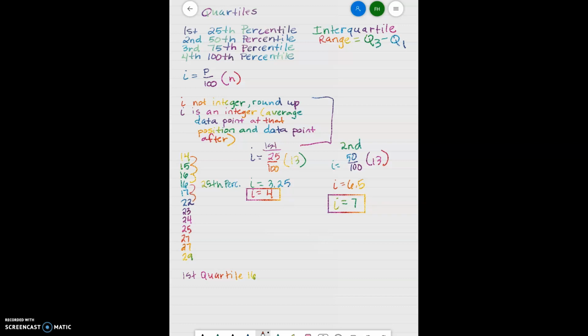So 5, 6, 7. So this would be your 50th percentile. So your second quartile would be 23.